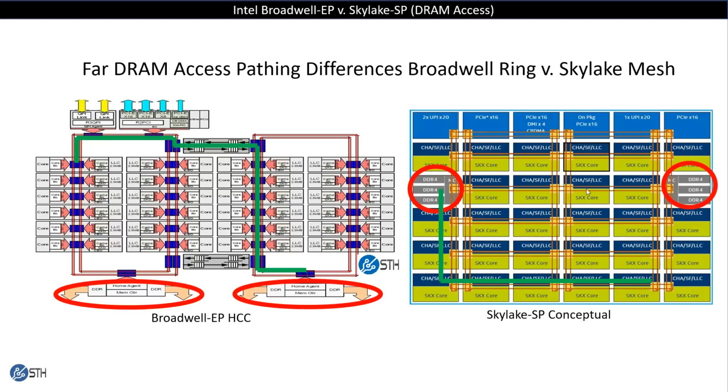Essentially, Intel had to go to a structure like this because while the ring structure made a lot of sense when you had, say, 8 or 12 cores to a die, as they started scaling it to 24 cores and beyond, this became a major limiting factor, whereas the new mesh architecture is expected to scale beyond 28 cores.